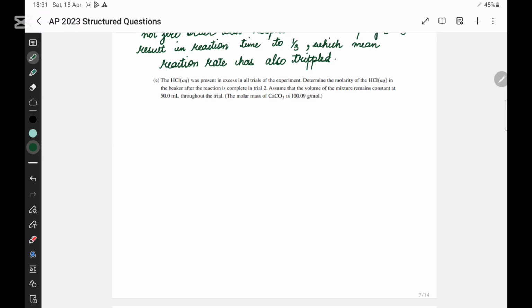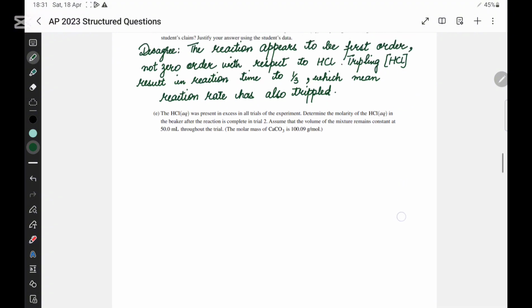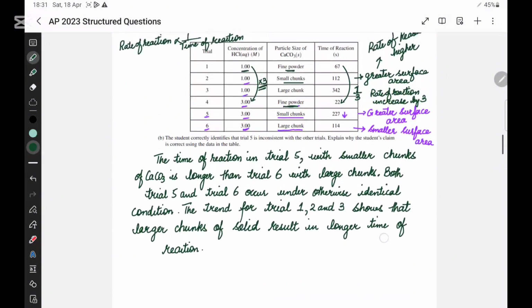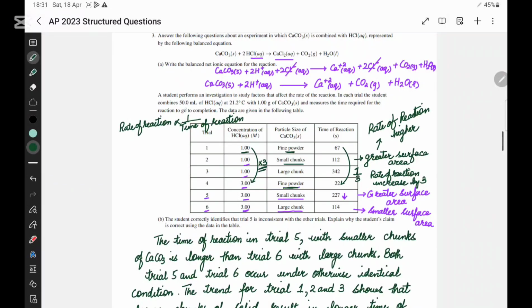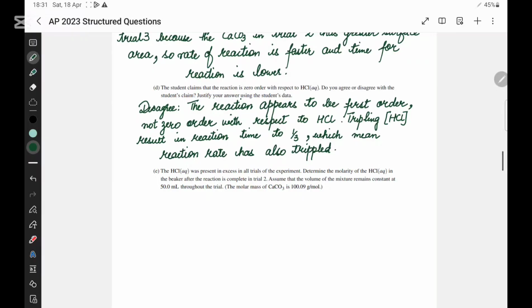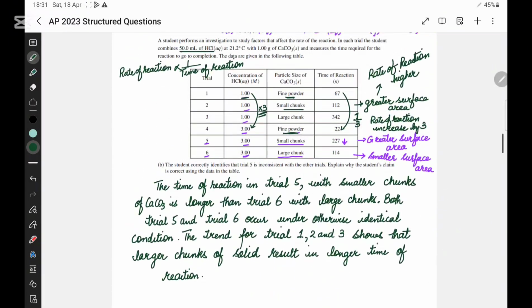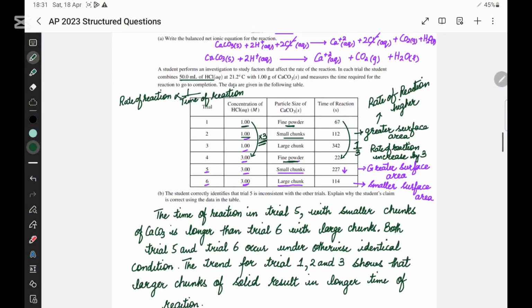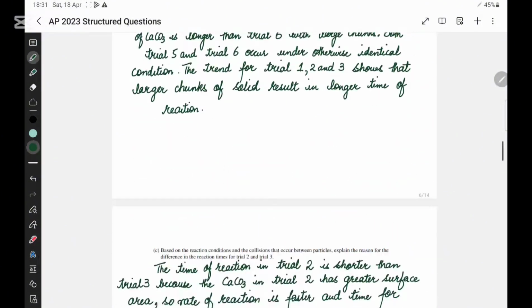So first of all, we need to find out the initial moles. If we are going to find the initial moles, we know that HCl is having the volume of 50 milliliters, and as we want to find it in trial 2, trial 2 is having the concentration of 1 mole per liter and volume is 50 milliliters of HCl.